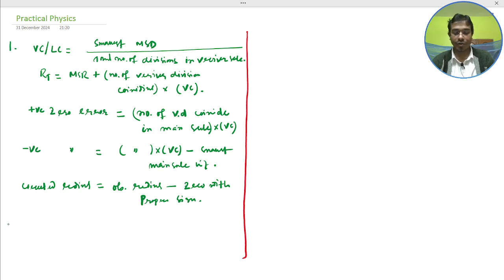Next, the least count of screw gauge is equal to the pitch divided by the total number of divisions on the circular scale.